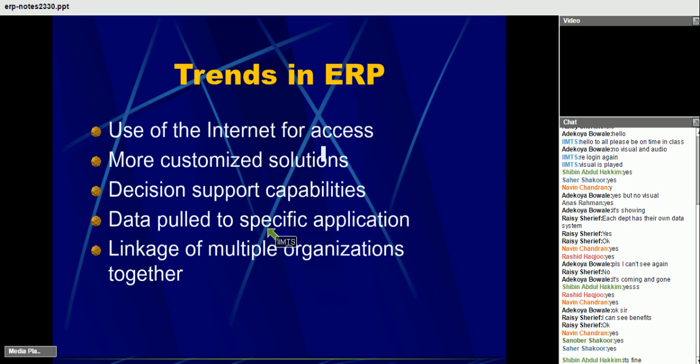Data pull to specific application: suppose you require finance data, you will easily be able to pull it out of the system. If you require HR data, you can easily pull out the HR data from the ERP system. And last but not least is linkage of multiple organizations together. As per the video I have shown you, the ERP system is able to integrate all the respective departments.